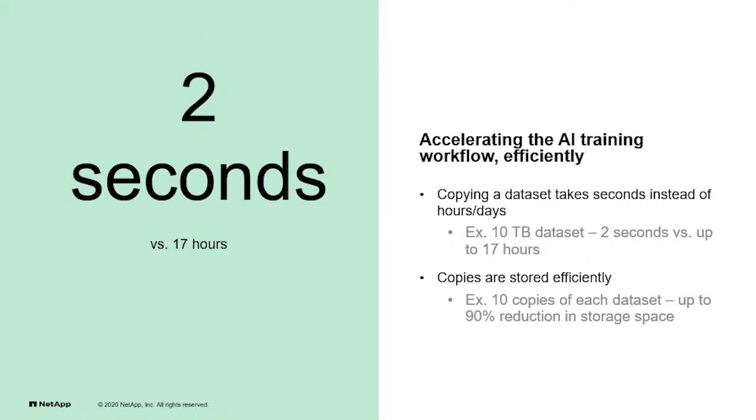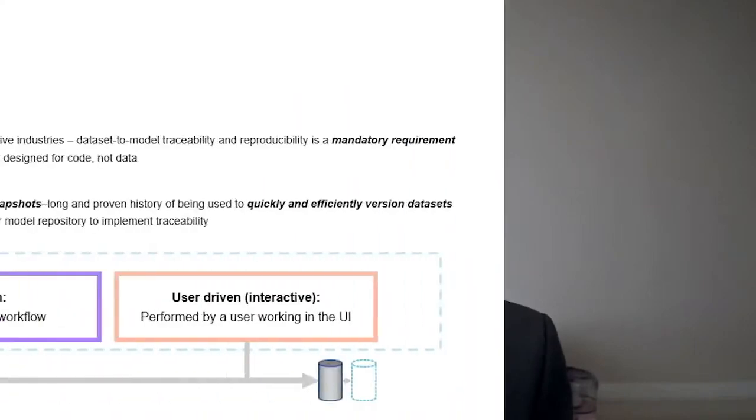As AI moves into highly regulated industries like healthcare and financial services, dataset to model traceability and reproducibility is a mandatory requirement. Traditional versioning tools like Git work on code, but they don't work with versioning of datasets.